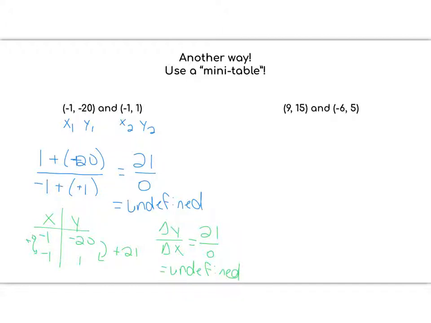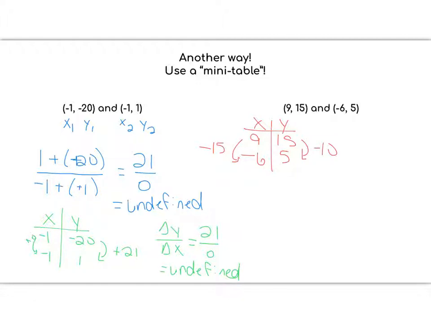So let's look at it right here. Let me make a mini table. I've got the points 9, 15, and I've got the point -6, 5. So how do I get from 15 to 5? I subtract 10. How do I get from 9 to -6? I subtract 15.